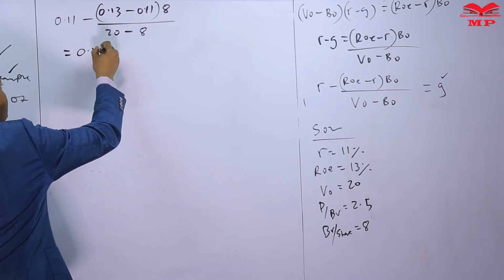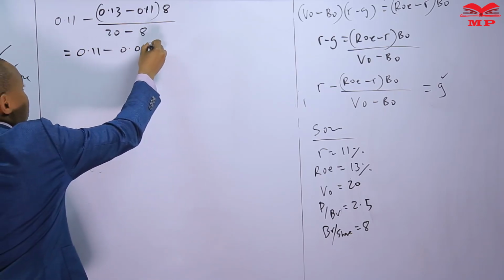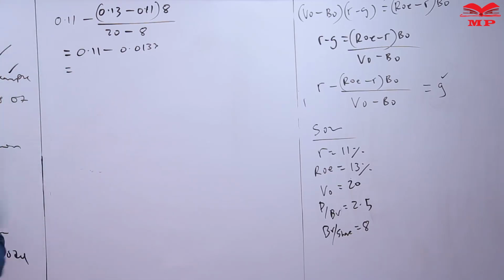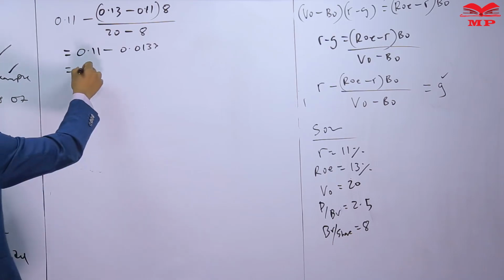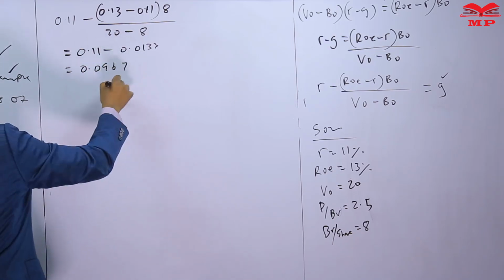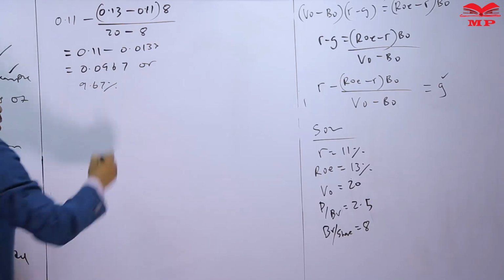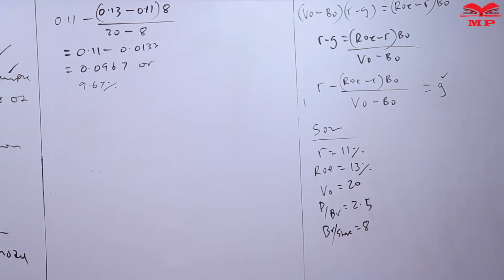So it's 0.11 minus 0.0133. We have 0.0967, or we can say 9.67%. That is what we're saying is the implied growth rate right there.